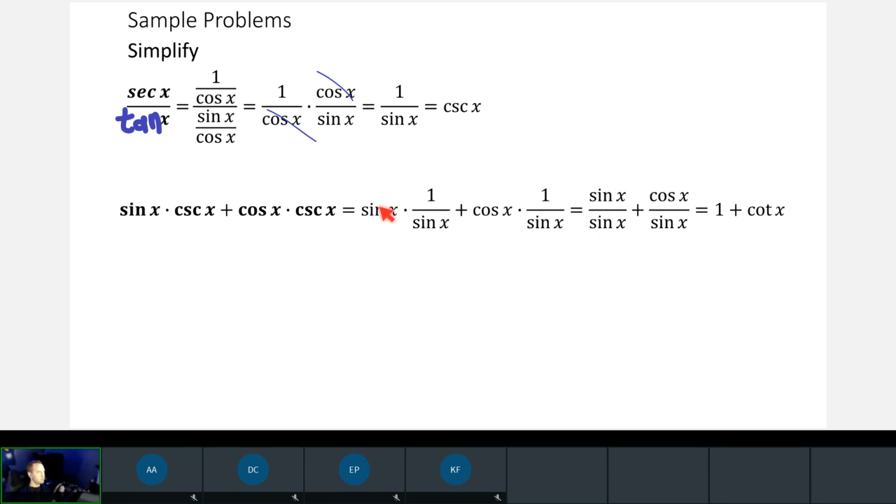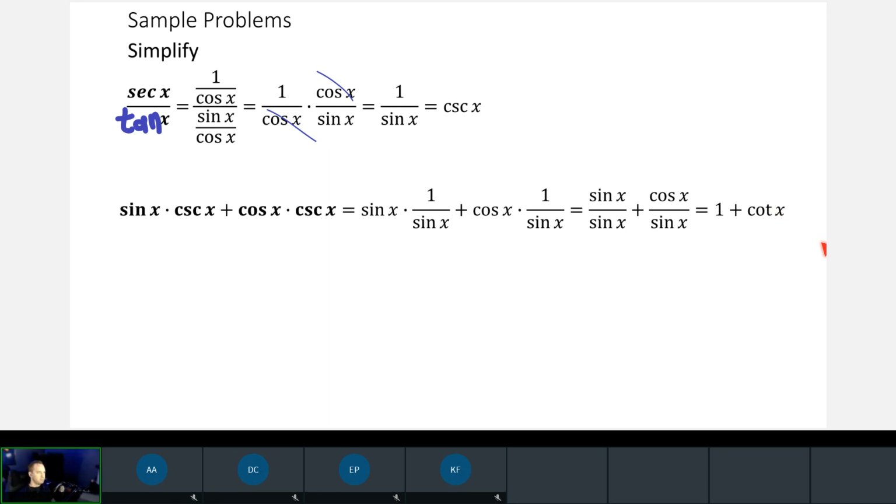But I showed sine of x times 1 is sine of x over sine of x, and then dividing by itself is just 1, so that's why it becomes 1 here. And then cosine of x times 1 over sine of x becomes cosine of x over sine of x. And we all know from the identities that cosine over sine is cotangent. If that was sine over cosine, that would be just tangent here. So that's why the answer is what it is.